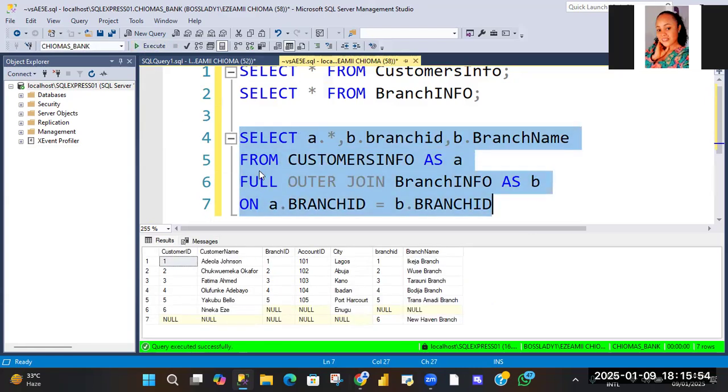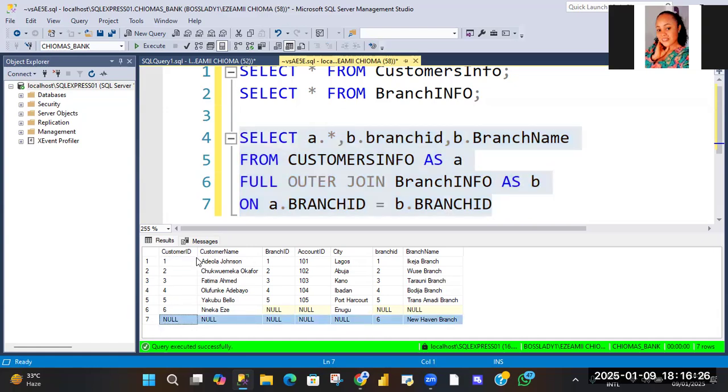And we said what it's going to do is give us all the information from our customer info table and our branch info table. All right. So if you look at this output now, you're going to see that, in as much as our customer info table is 6 rows and our branch info is 6 rows, now if you look at this, we're having 7.